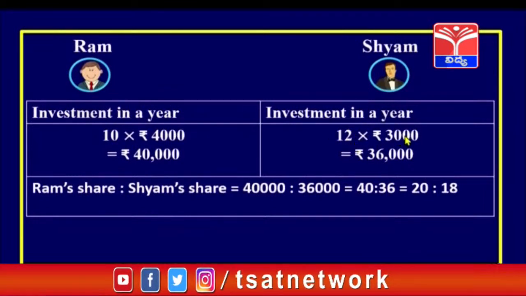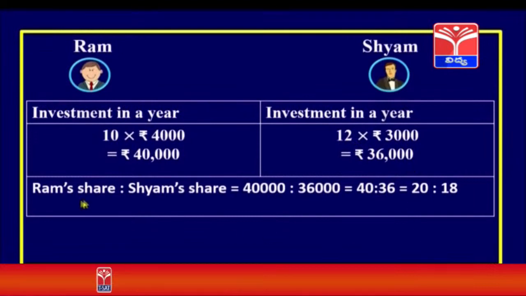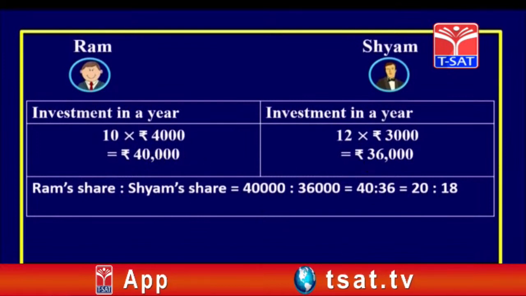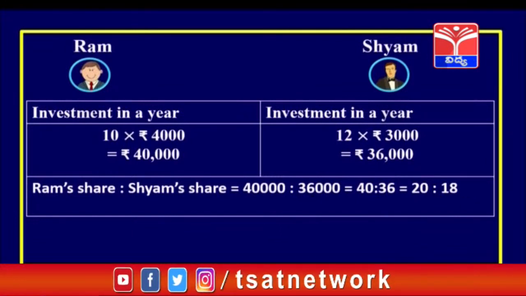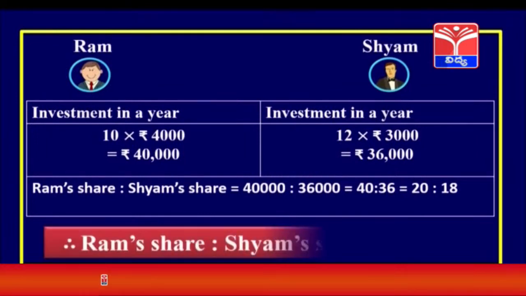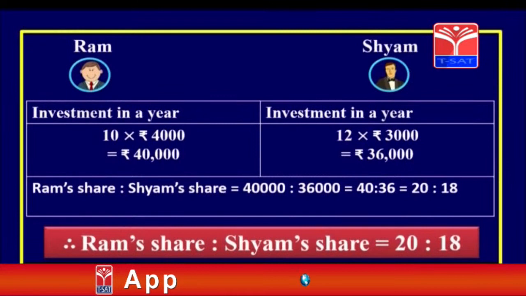So that means 12 into 3, 36,000 is the amount invested by Shyam. Now let us see Ram's share to Shyam's share. That is 40,000 is to 36,000. This on simplification you get as 20 is to 18, or it can be further simplified, okay, but we are leaving it at 20 is to 18. Let's see why. So Ram's share to Shyam's share is 20 is to 18.